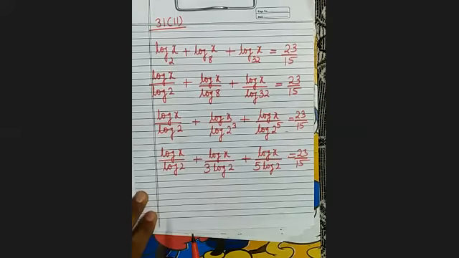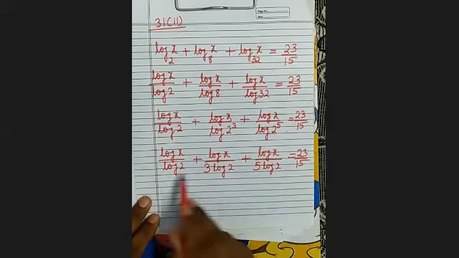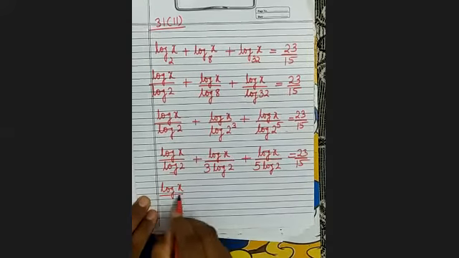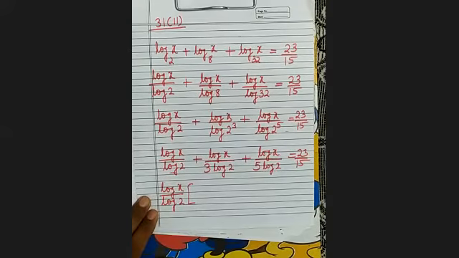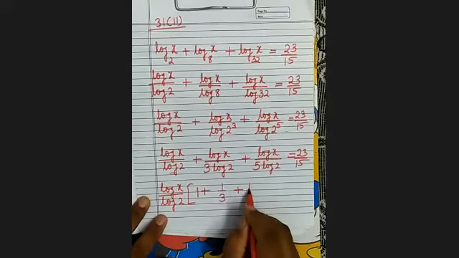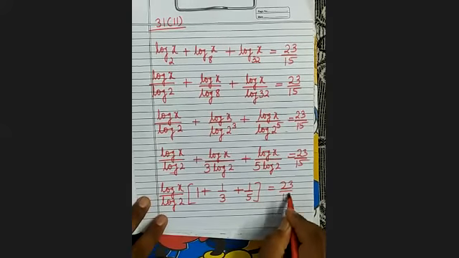Now in the left hand side, what is common? Log x is common and log 2 is common. Means you can take log x upon log 2 common. When you take common, what will you get here? 1 plus 1 by 3 plus 1 by 5 equals 23 upon 15.